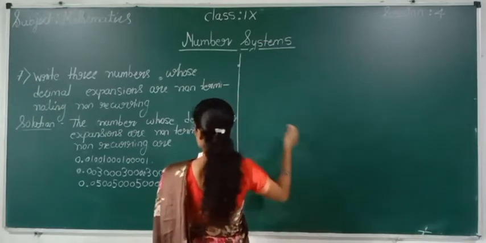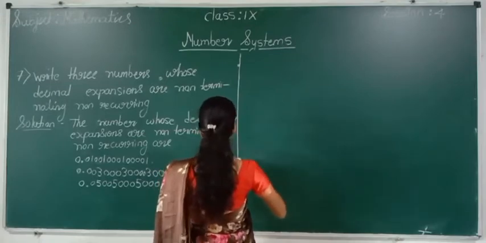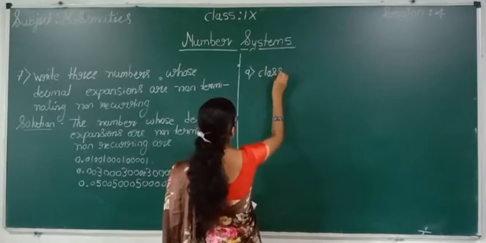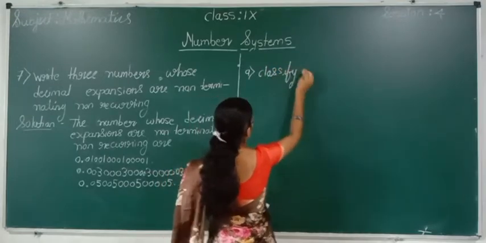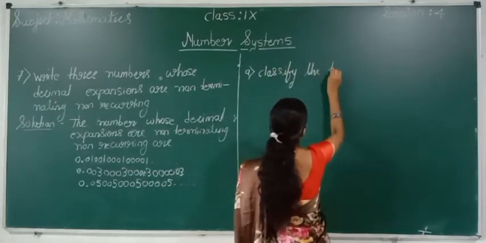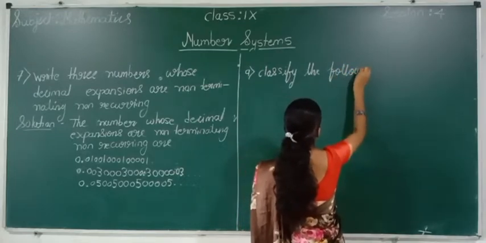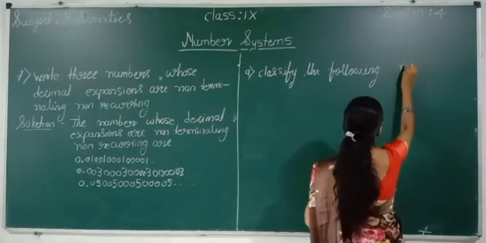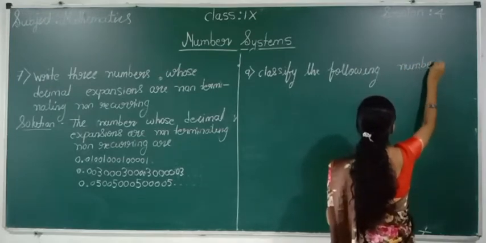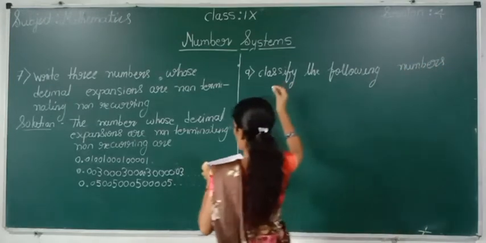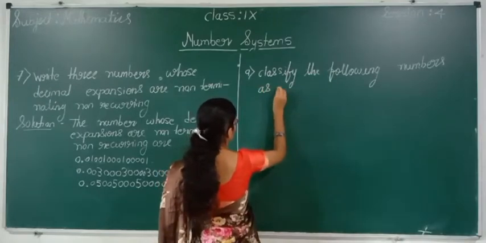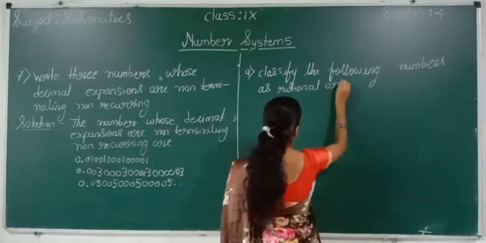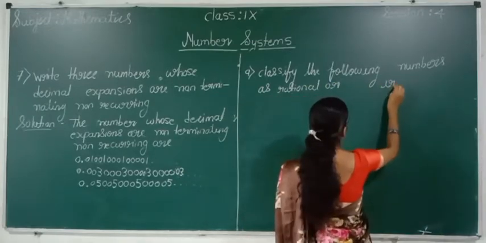The next question we go for is the 9th one. Classify the following numbers as rational or irrational.